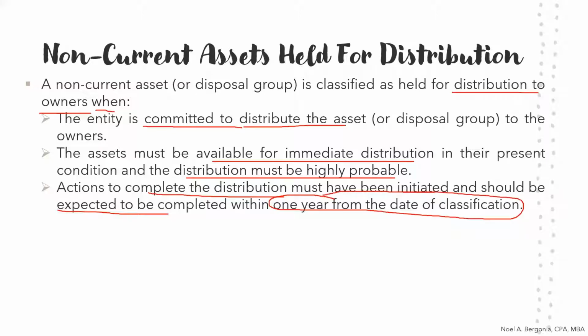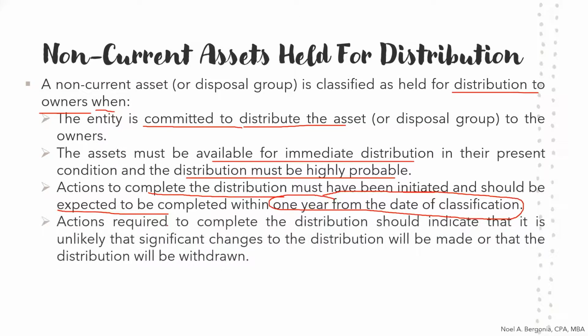Just like earlier on held for sale, the disposal should be within 1 year from the date of classification, and actions required to complete the distribution should indicate that significant changes are unlikely to happen. It is actually similar to held for sale, that there should be unlikely significant changes such that we will not distribute this particular asset or disposal group.